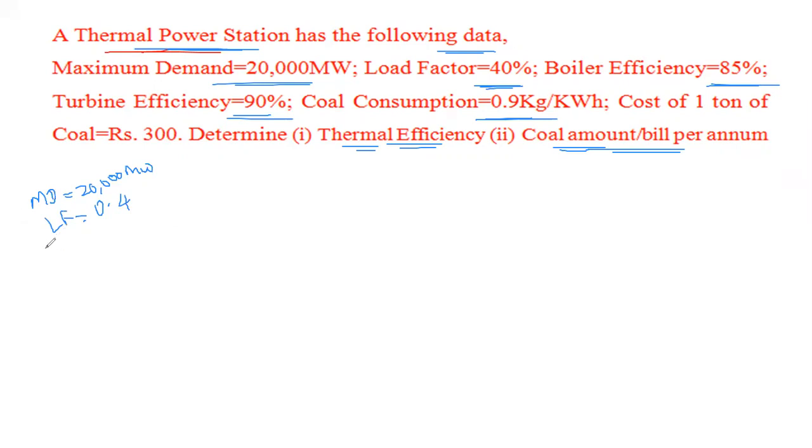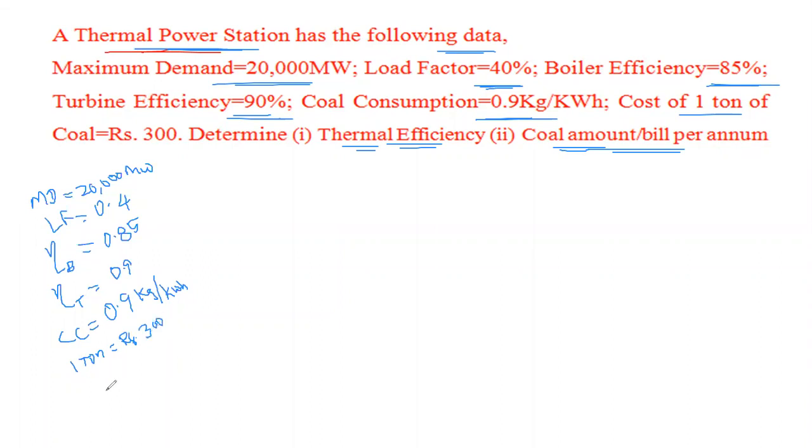The boiler efficiency is 85%, that is 0.85, and the turbine efficiency is 90%, that is 0.9. The coal consumption, that is how much coal is utilized as input, is 0.9 kg per kilowatt hour. When we generate 1 kWh, 0.9 kg of fuel is utilized. The cost of 1 ton of coal is 300 rupees in the problem.